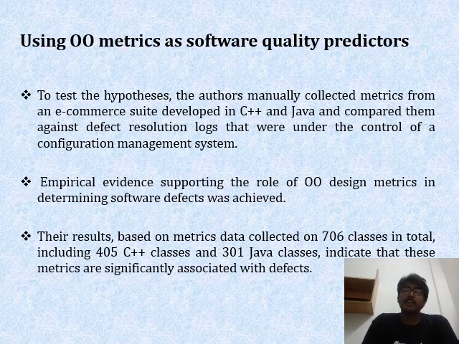So when it comes to using the WO metric to test the hypothesis, the authors manually collected metrics from the e-commerce suite developed in C++ and Java and compared them against defect resolution logs, and we needed the control of a configuration management system. Empirical evidence supported the role of the double O design metric in determining software defects.